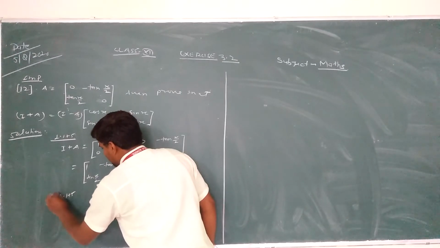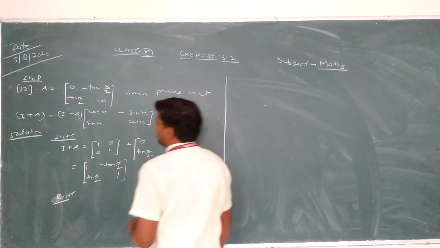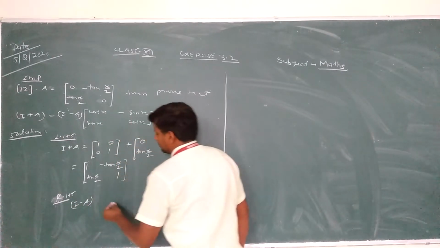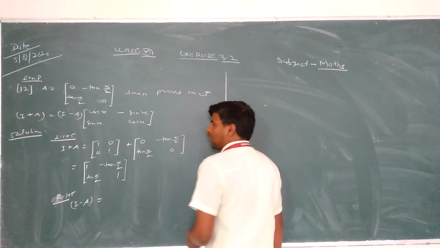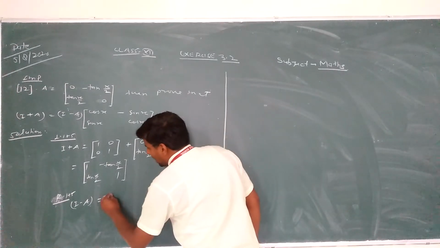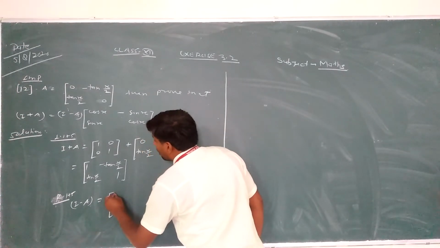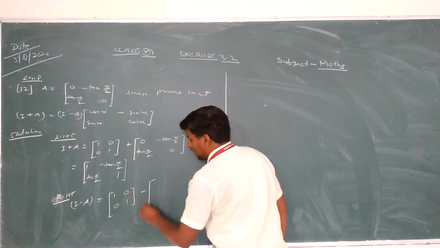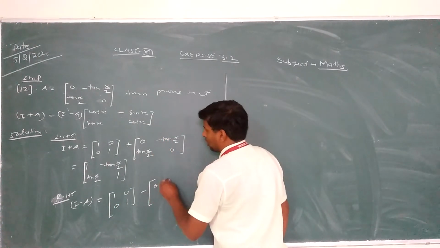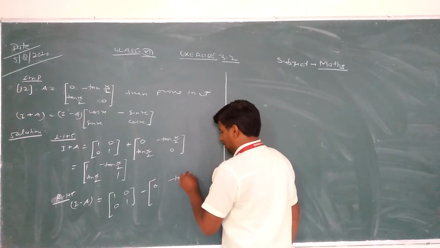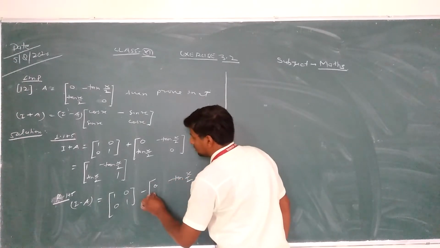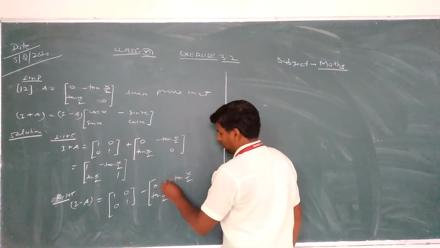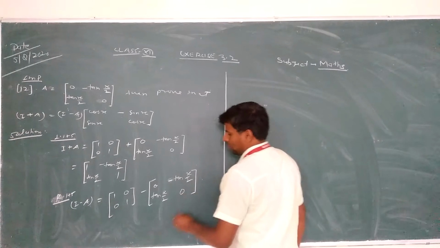What is given in the RHS? RHS is I minus A. So first we need to find I minus A. I is [1, 0; 0, 1] and A is [0, minus tan(x/2); tan(x/2), 0].